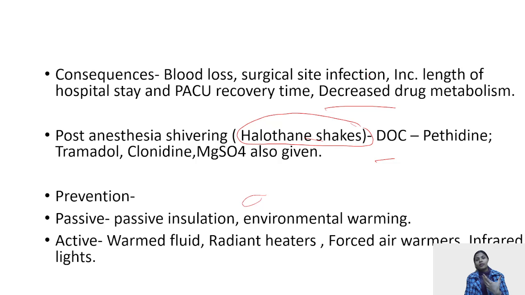The esophagus temperature, the tympanic membrane temperature, they are more or less same like the core body temperature. How do you prevent hypothermias? We can have passive insulation, or environment could be warmed, or active. You can give warm fluids to the patient. You can have radiant heaters. You can have Bair Huggers. You can have forced air warmers for the patients.